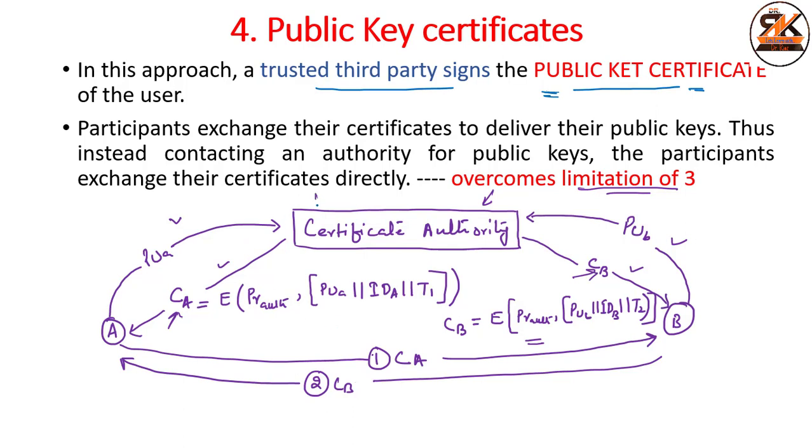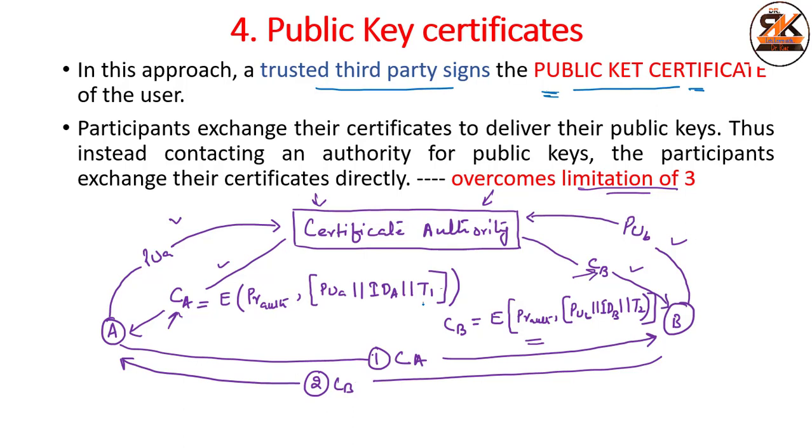Only the certificate authority can create and update the certificate. This should also be satisfied, because a participant should not be able to modify or create the certificate, because that will create some ambiguity, so that should not be done. Any participant can verify the current status, or the currency, of the certificate by checking the timestamp.